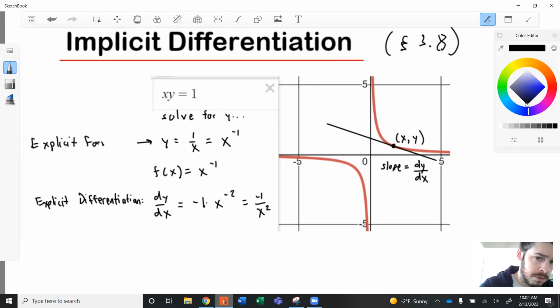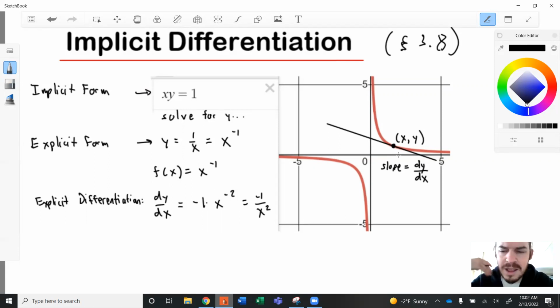But what we were originally given here, this was an implicit form. It's not explicitly telling us how to calculate y as a function of x. It's an equation of x and y, and it's implied that if you give it x as an input, it will produce a y as an output.